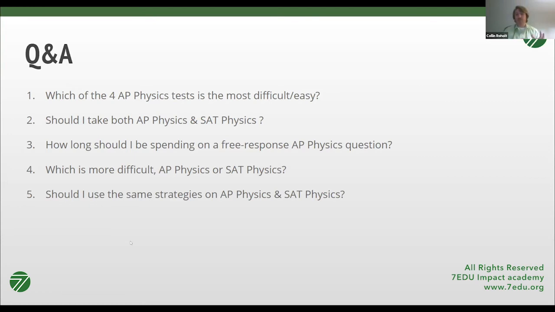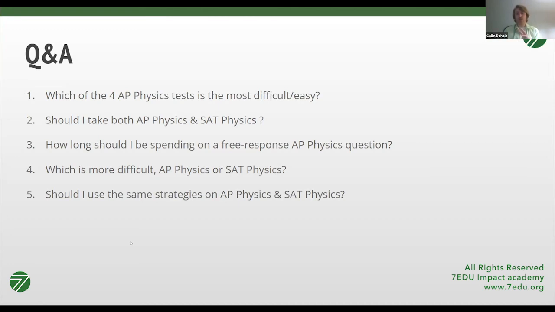When you're talking about mechanics versus electricity and magnetism on Physics C, the mathematical analysis definitely gets ramped up a bunch when you go to electricity and magnetism. There are just a lot more complicated equations there.